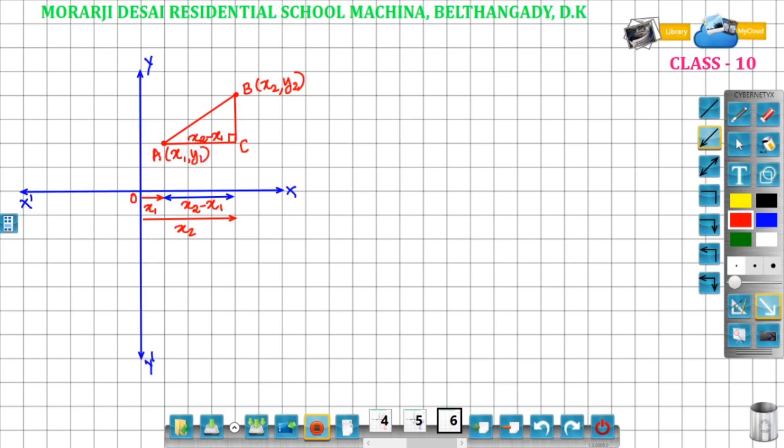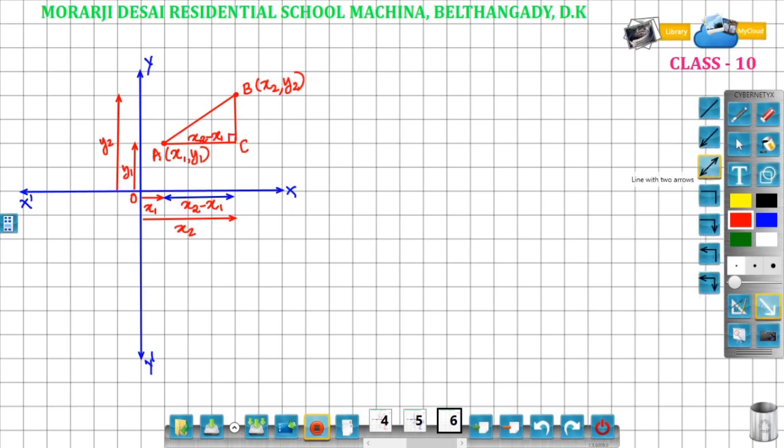Now the y coordinate of point A is y1. So along the y-axis, point A is at a distance y1 units, and point B is at a distance y2 along the y-axis.